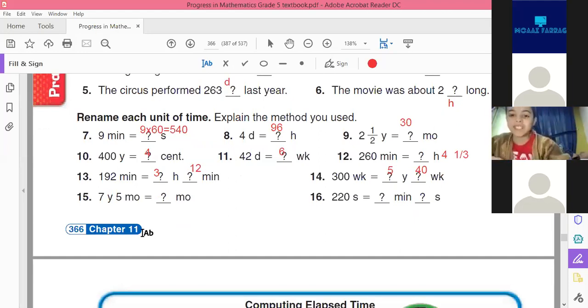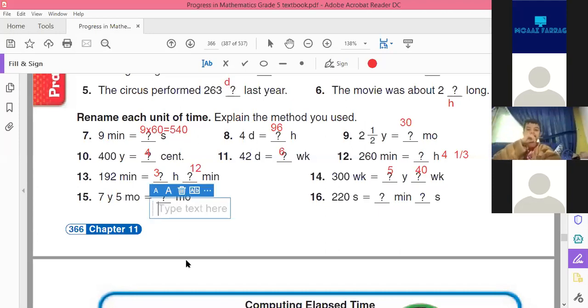Then 7 times 12. 84. And then plus 5 months. 84 plus 5 is 89. So our answer is 89.